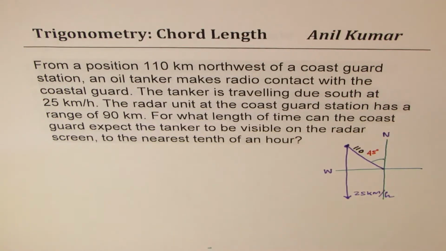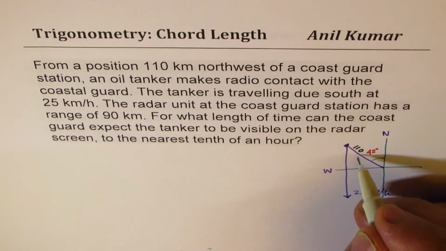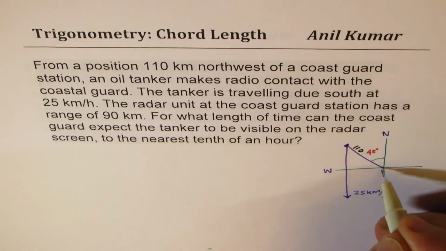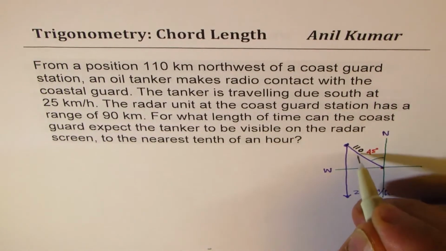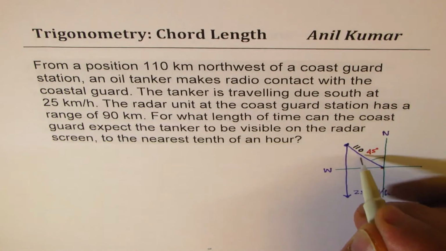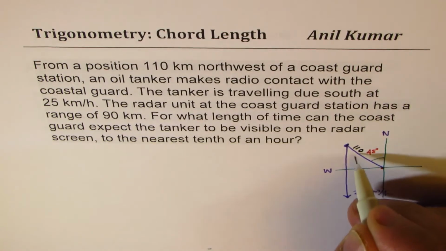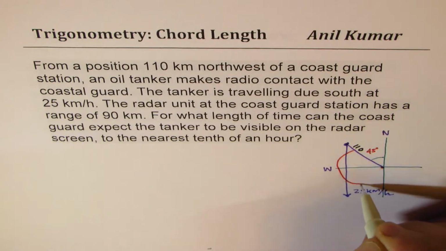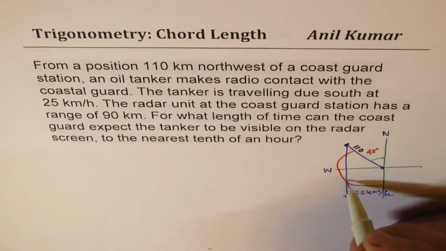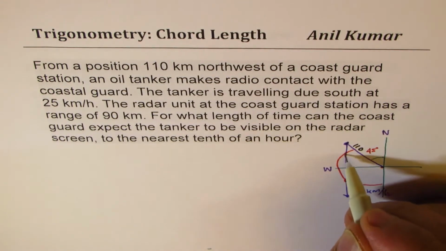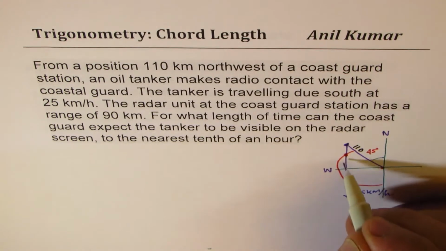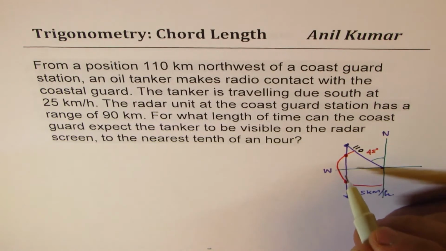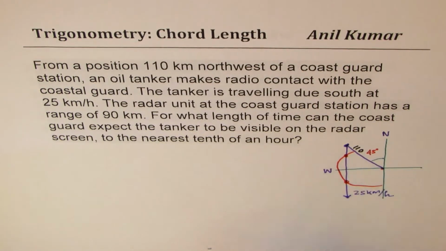It means that it can only reach up to this point. The radar unit is right there, so if I take this as 90 and make a circle, as you can see, during this interval the radar screen will see the oil tanker.